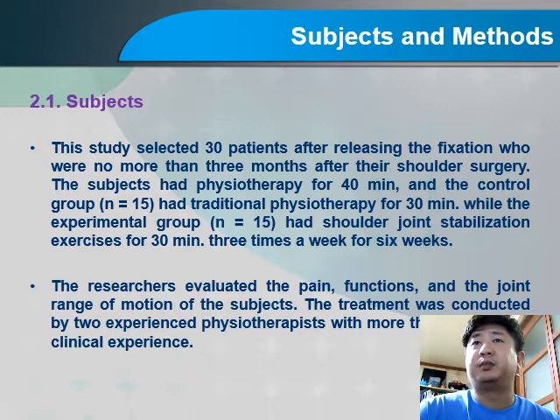The control group, 15, had traditional physiotherapy for 30 minutes, while the experimental group, 15, had shoulder joint stabilization exercise for 30 minutes, 3 times a week for 6 weeks. The researchers evaluated the pain and the joint range of motion of the subjects. The treatment was conducted by two experienced physiotherapists with more than 10 years of clinical experience.